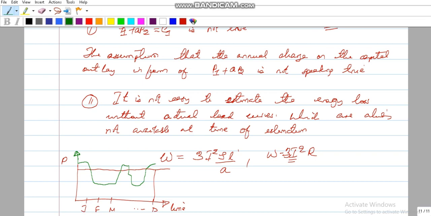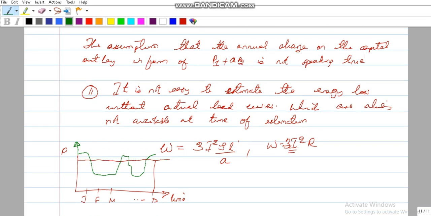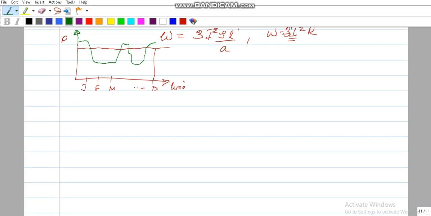Kitu kingine, limitation nyingine, this is limitation number 3. Kwamba the law does not take into account several physical factors like safe current density, mechanical strengths na kadhalika.